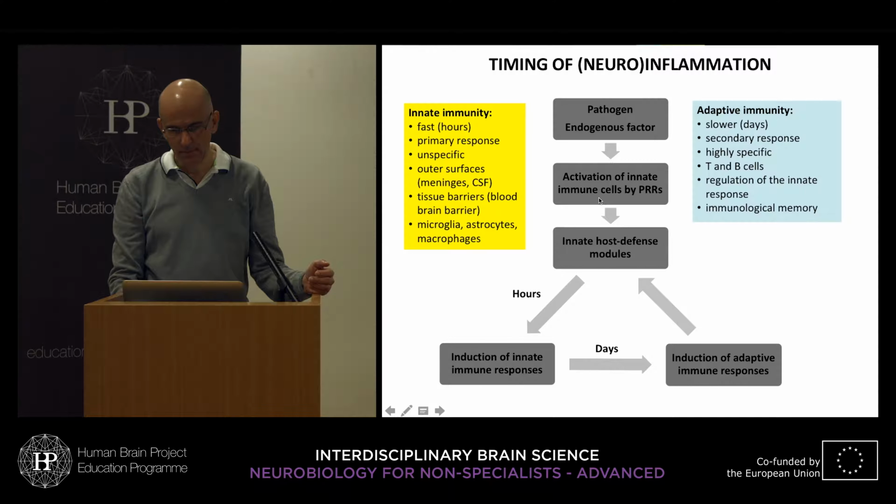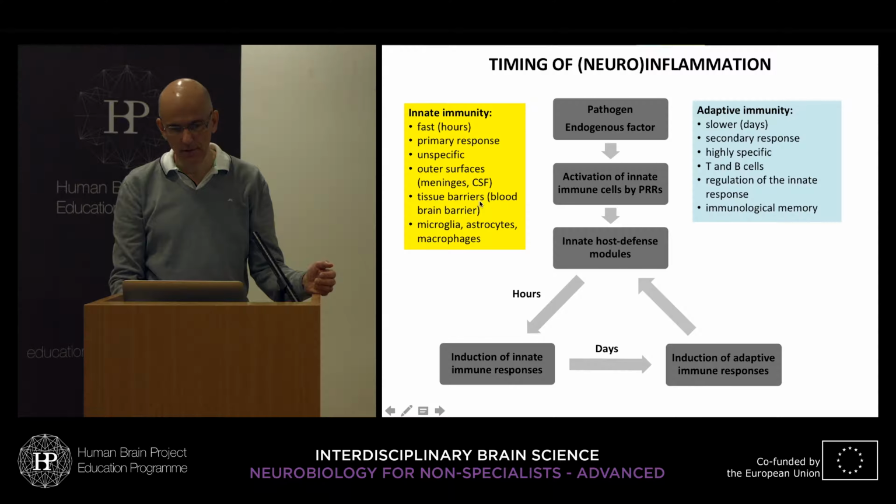This can then activate innate immune cells by pattern recognition receptors, for example the toll-like receptor, which you might have heard of, which then gives rise to the activation of innate host defense modules, which within hours lead to the induction of an innate immune response, and then within days to the induction of adaptive immune responses.